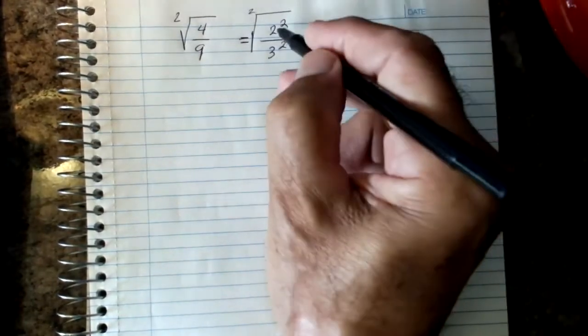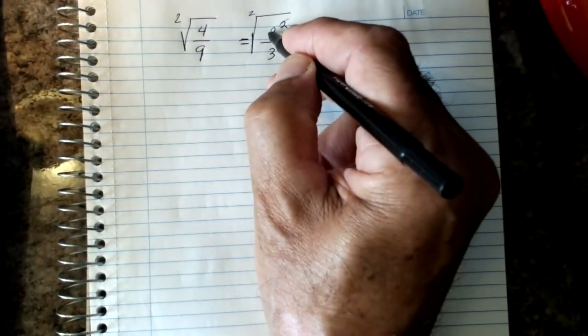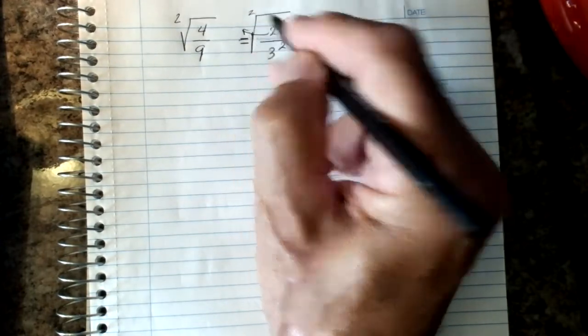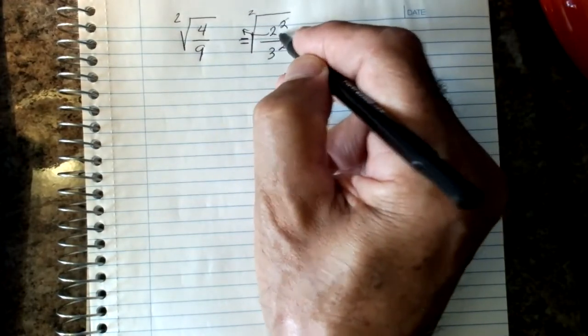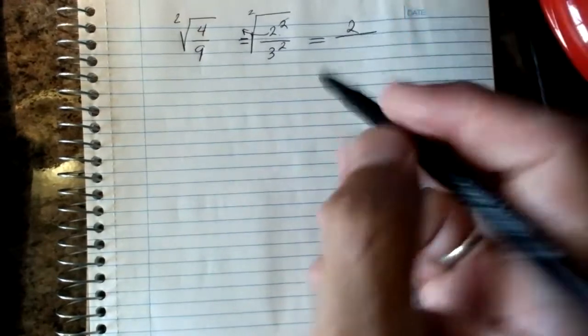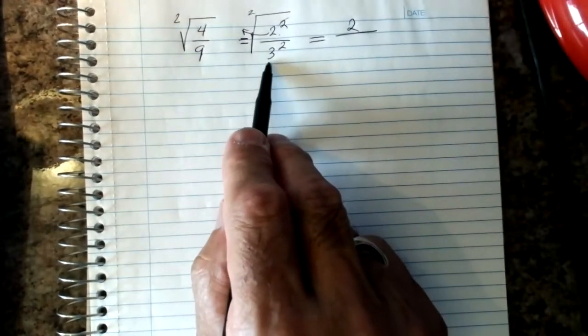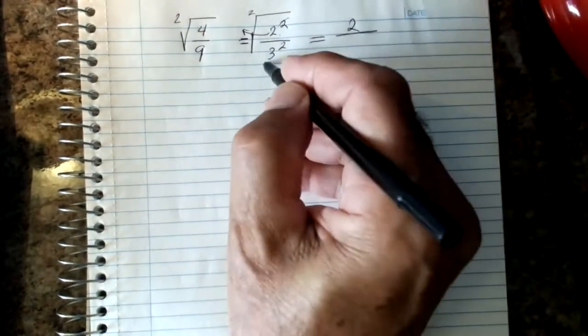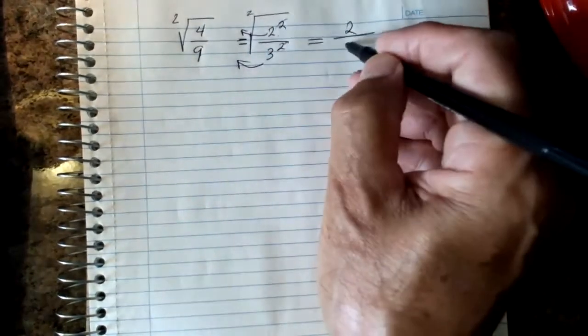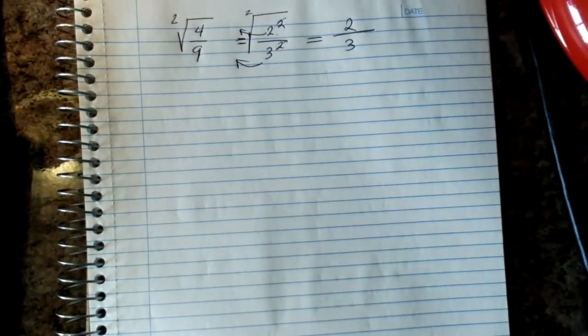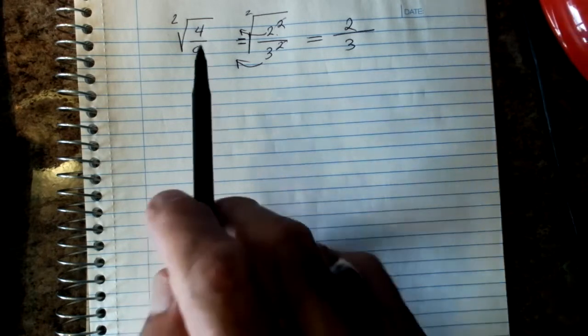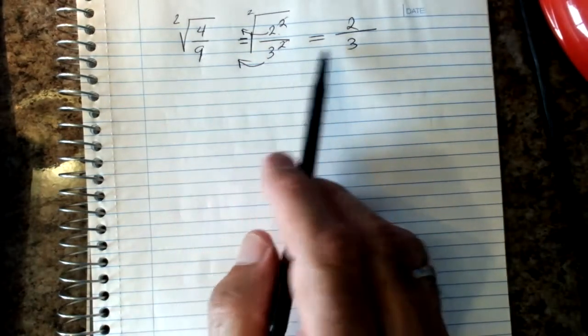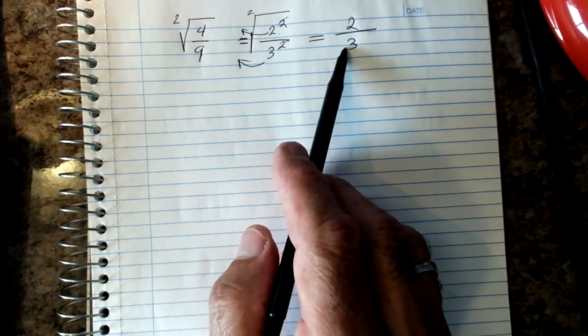Now, 2 is released from the radical. Since it's already at the numerator, it stays at the numerator. But look at this 3. 3 is at the denominator. So when you release the 3, it has to stay at the denominator.